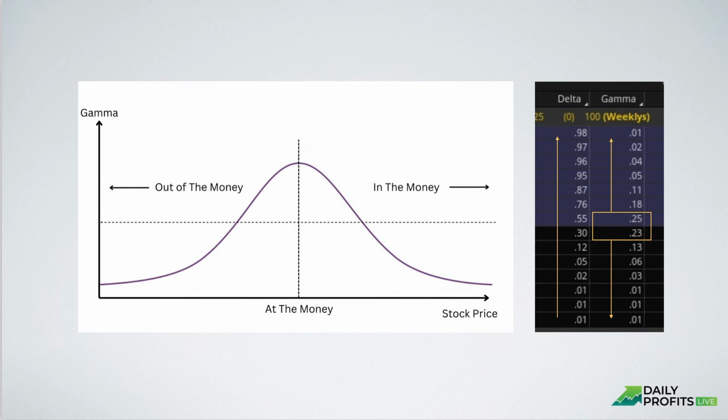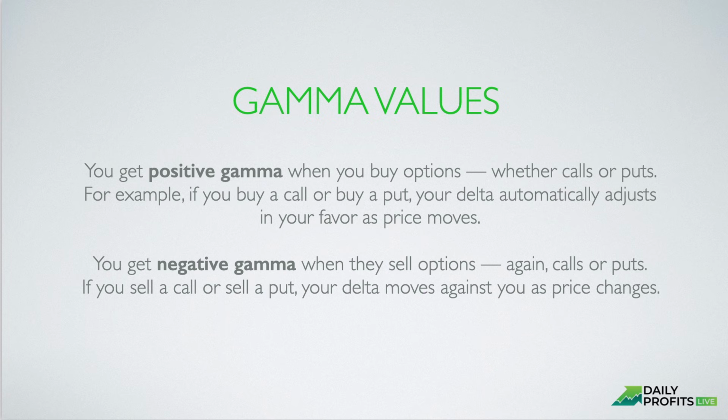So you get positive gamma when you're buying options, whether you're buying calls or puts, and you get negative gamma when you sell options, right? Again, calls or puts. So market makers, as they're taking the opposite sides of these trades that you and I are making, trades that D-Man is making, trades that institutions are making, there has to be someone on the other side of that trade.